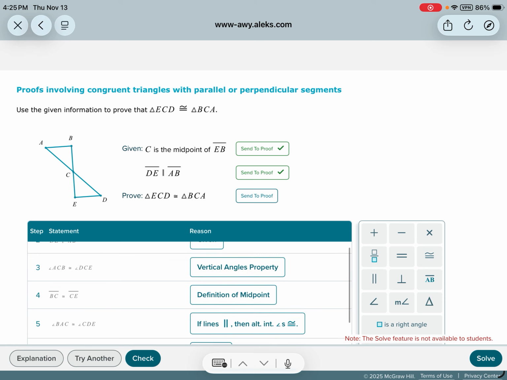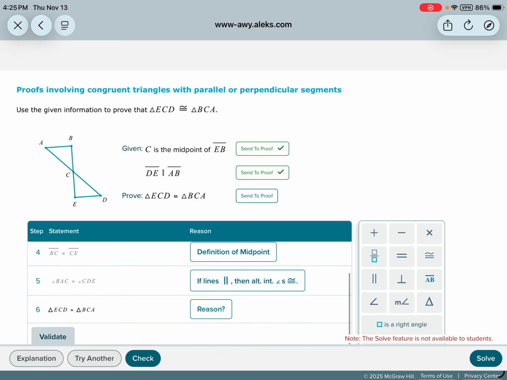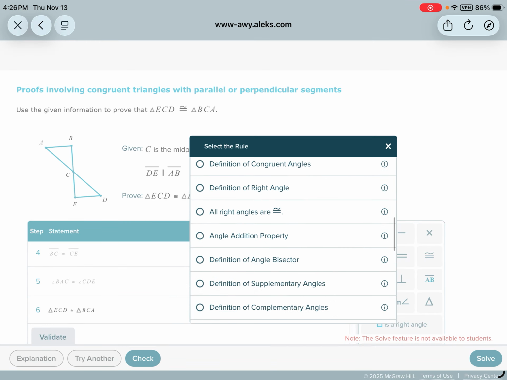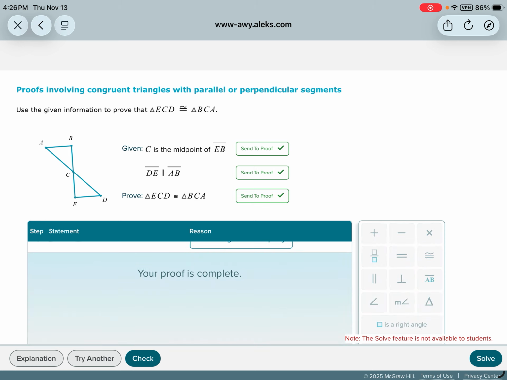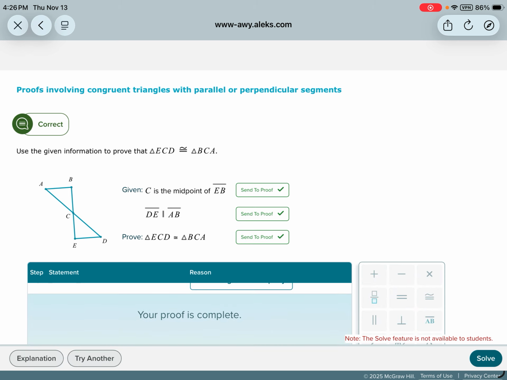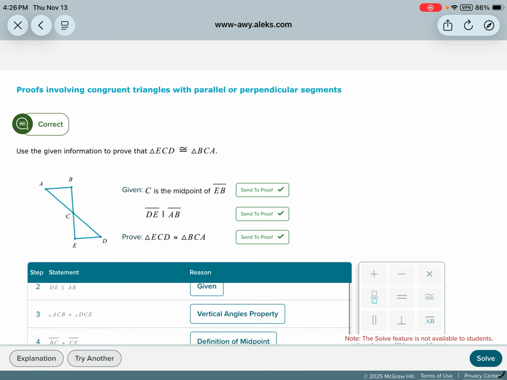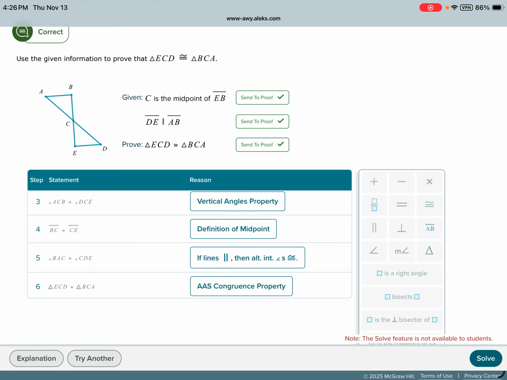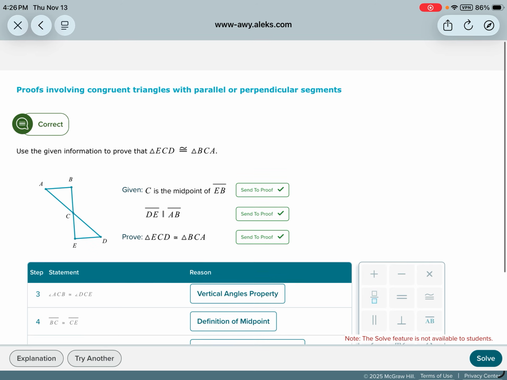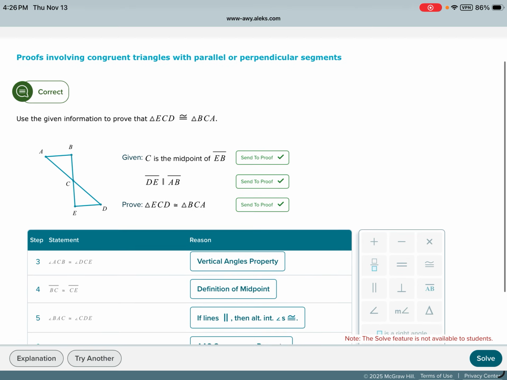Now we've got our 3, and we decided that was angle, angle, side. There you go. And notice I'm making my plan first. Make your plan first. Don't hunt and peck. Don't be trying all the reasons. Make your plan first. Draw it out.